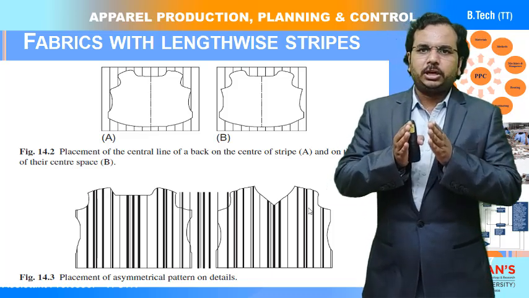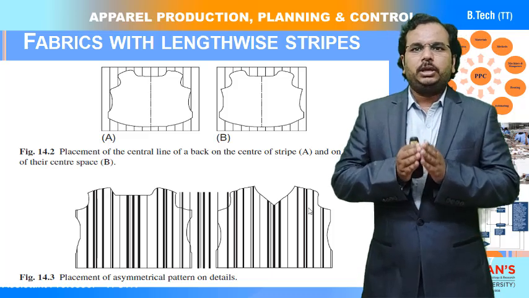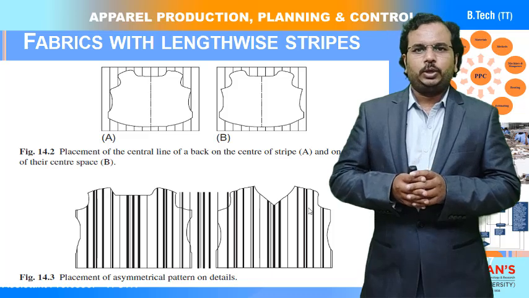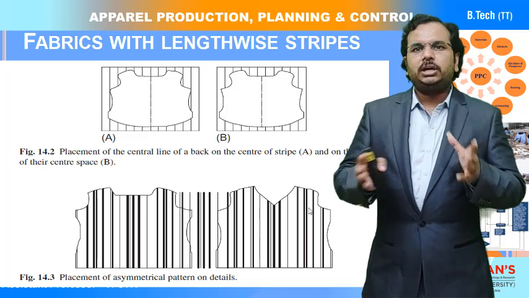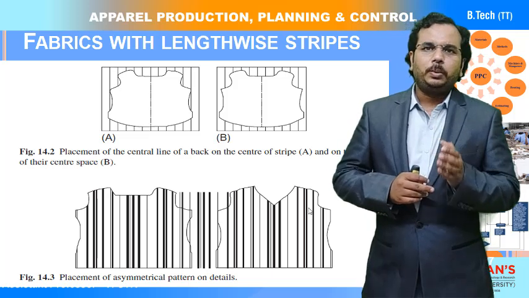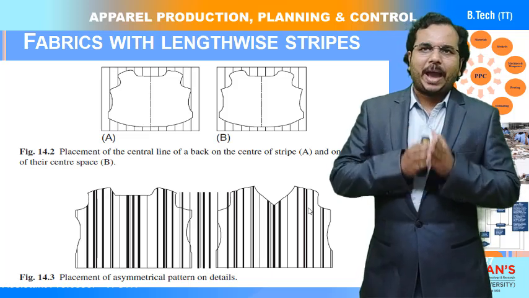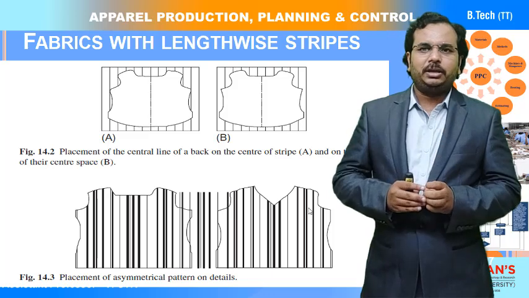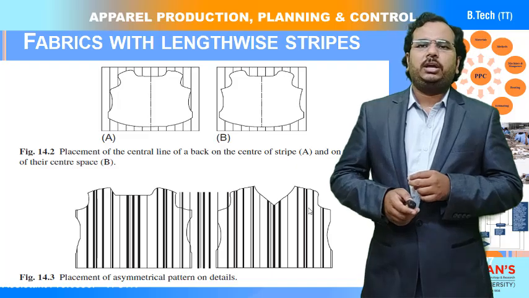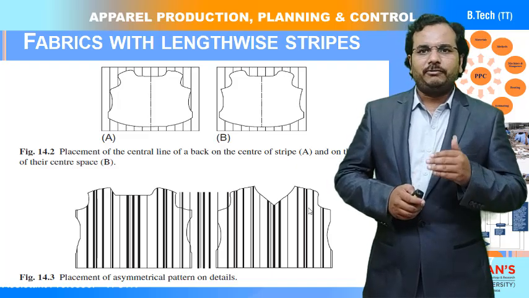In between the particular stripe, the grain line or center line of the pattern is kept. So the change of the pattern occurs when you place the pattern pieces on the fabric, by matching or mismatching the panel on the fabric.